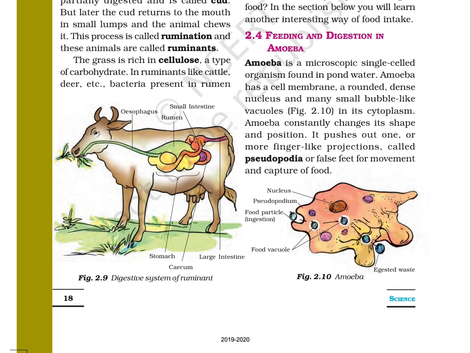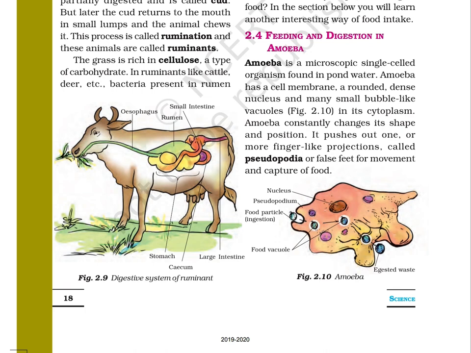We can observe this in figure 2.10. Amoeba constantly changes its shape and position. It pushes out one or more finger-like projections called pseudopodia or false feet for movement and capture of food.